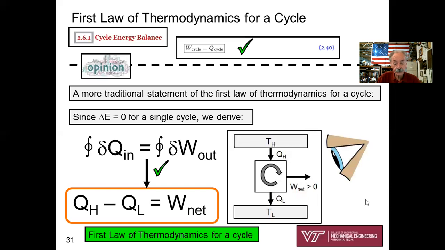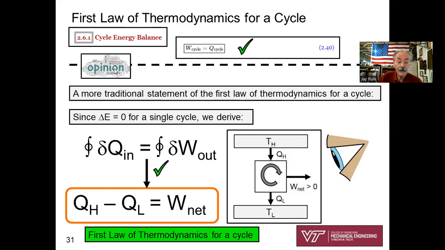Now, the next really cool thing is we're going to use that. Delta E is 0, and we're going to apply the first law of thermodynamics for a closed system for a cycle. I've taken some screenshots from your book, section 2.6.1, energy cycle balance, and I have clipped out equation 2.40 that says W cycle equals Q cycle. That's a correct statement.